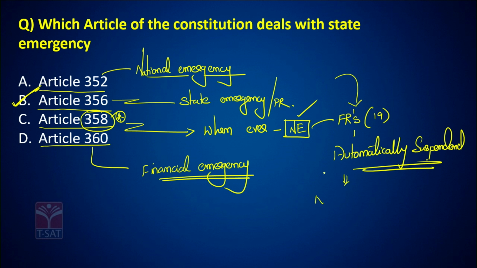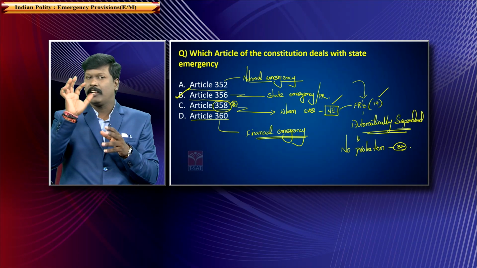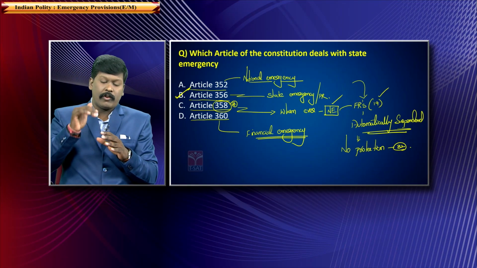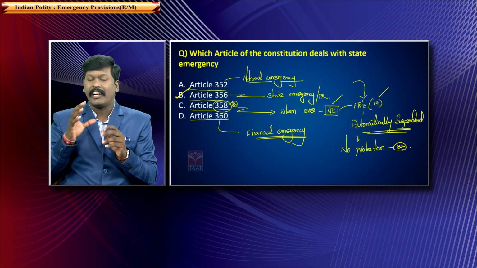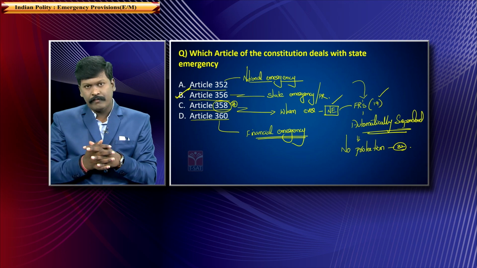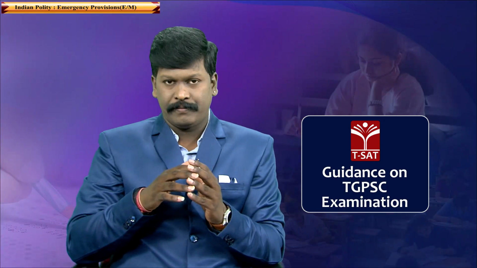There is no protection to Article 19 under Article 32. If any citizen lost his Article 19, you cannot go to Supreme Court under Article 32, or you cannot go to High Court under Article 226.